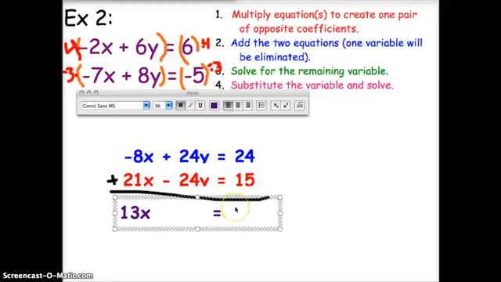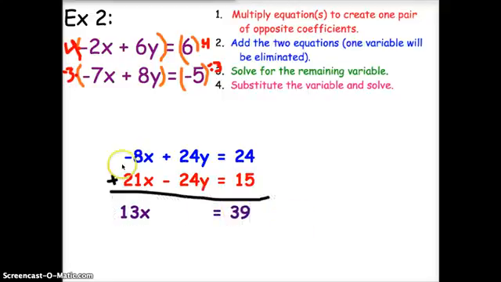And 24 plus 15 is 39. So that 24y and negative 24y cancel. So we've got 13x equals 39. Divide both sides by 13, and x equals 3.